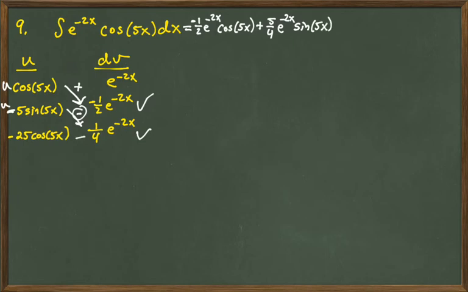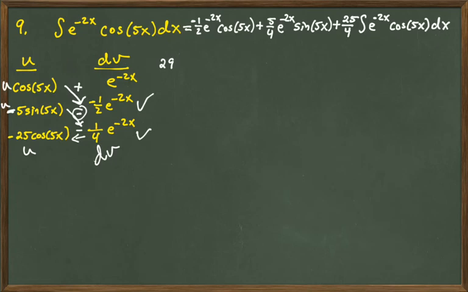Then it's going to be a little bit tricky, but here's your dv, and here's your u. It's going to be minus your integral of u dv, so here's your dv right here. So we have that minus there, so we got a double negative. So it's going to be 25 over 4 e to the negative 2x cosine of 5x dx.